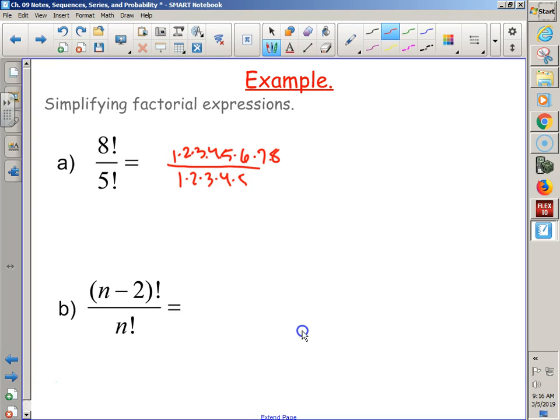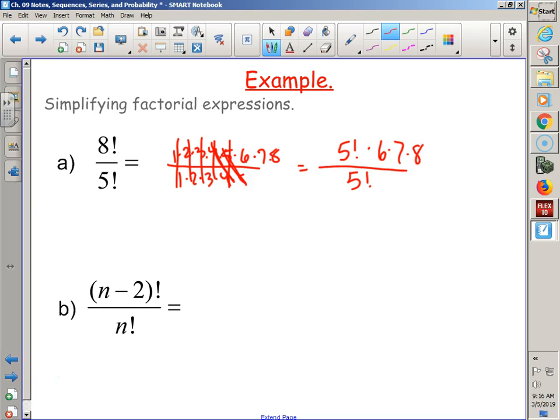What ends up going away? What's another way of getting there? Couldn't I have also thought about this as 5 factorial and 5 factorial times 6 times 7 times 8? Any factorial can be broken down into a product of lower factorials.